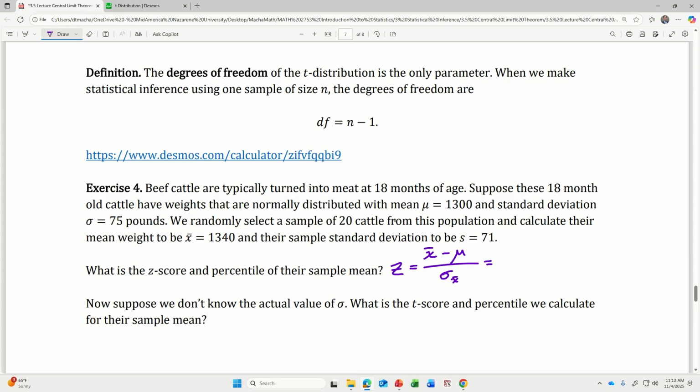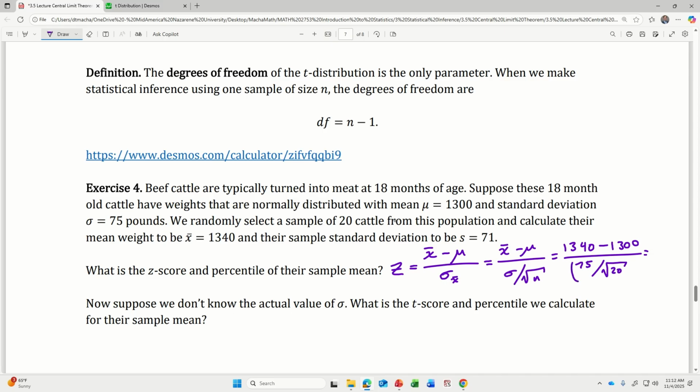So in other words, that's going to be x bar minus mu over sigma divided by square root of n, which is going to be 1340 minus 1300 divided by 75 divided by the square root of 20.